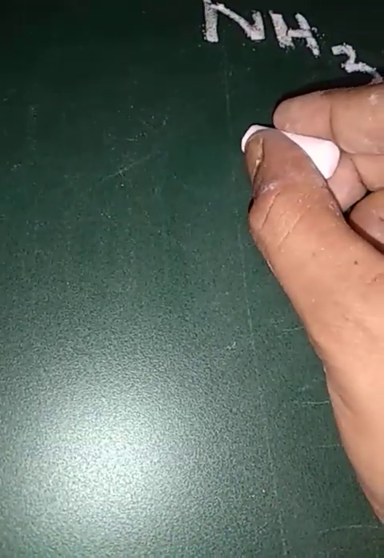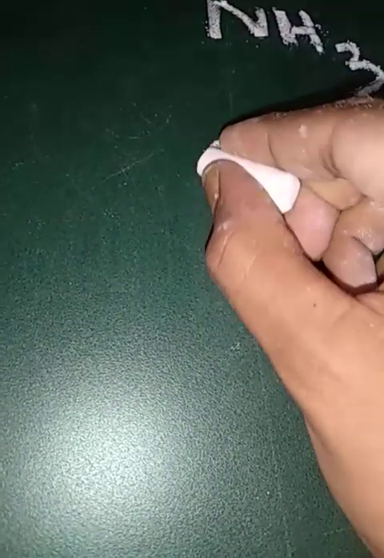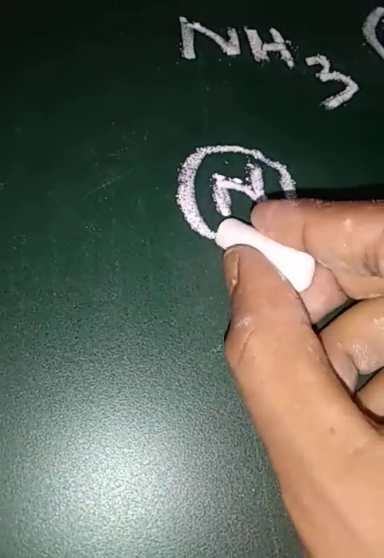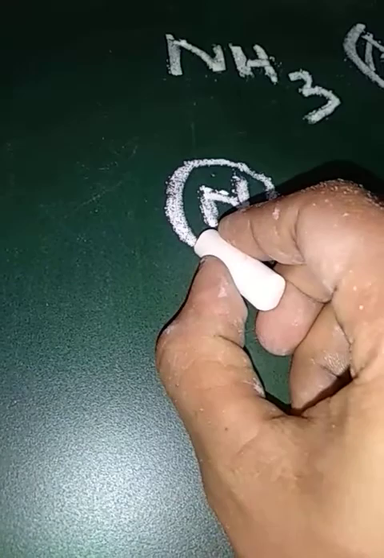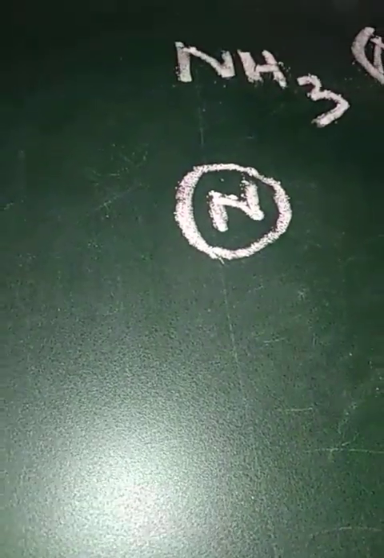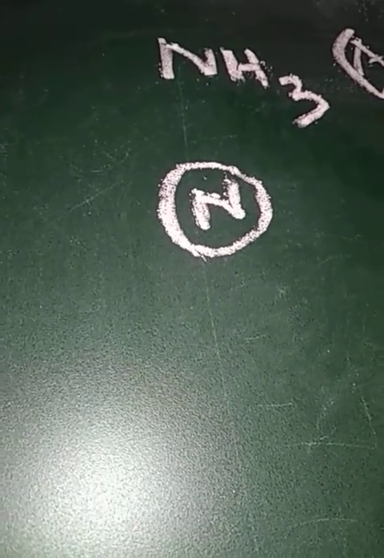What is its structure? See, by experiments conducted, scattering experiments, it has been shown that it has, most probably this is called a trigonal pyramidal structure.